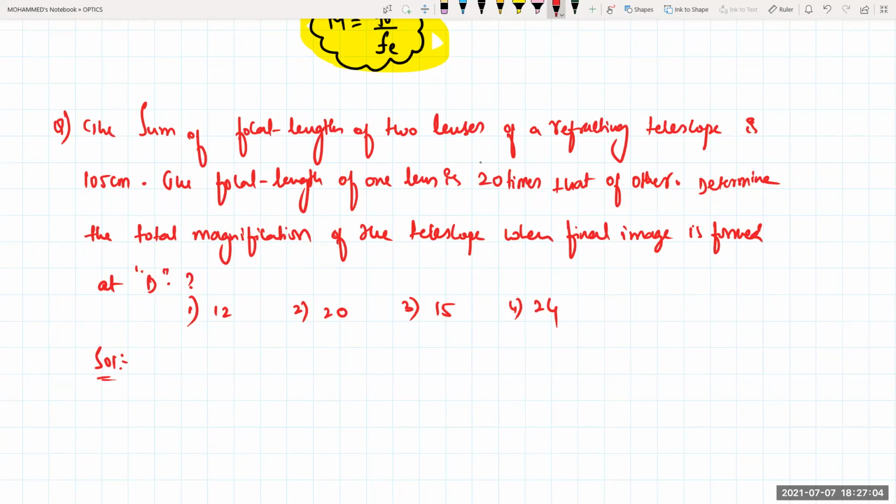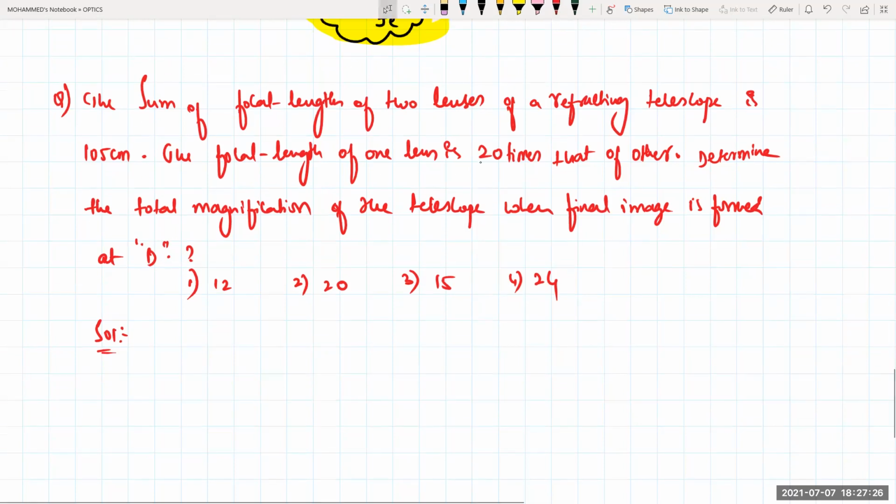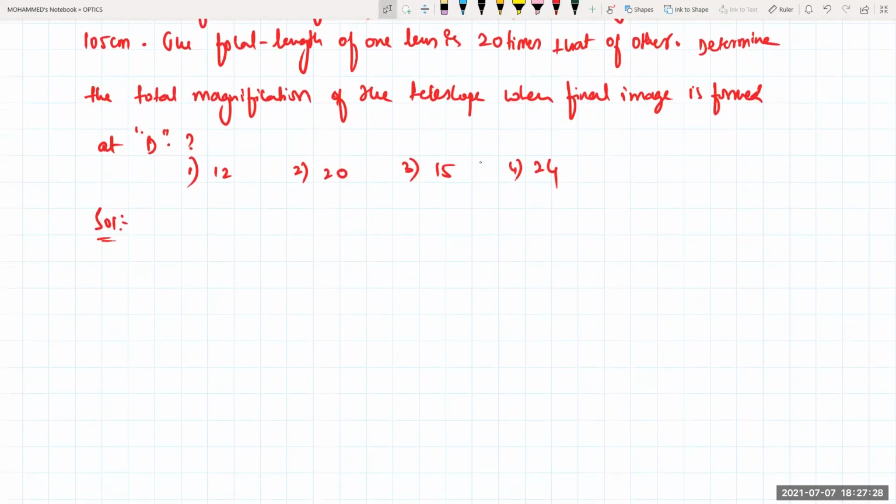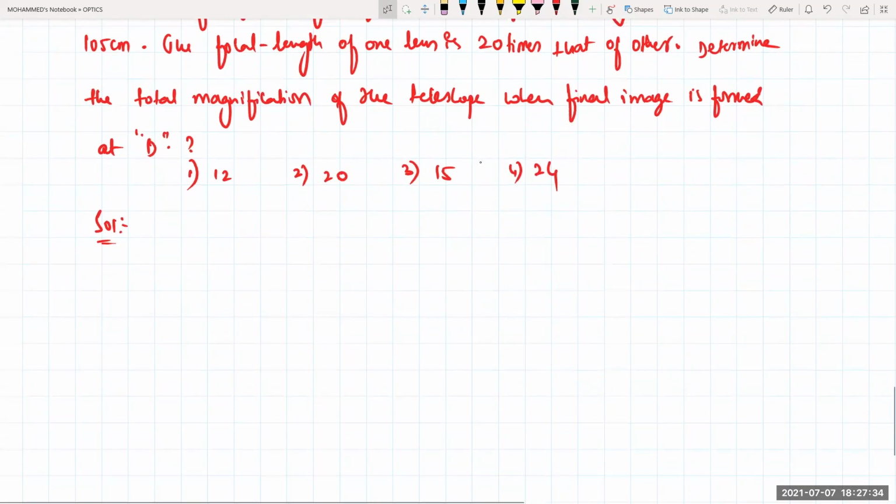And the focal length of one lens is 20 times the other. The bigger one will be the focal length of the objective. So focal length of the objective we can consider as 20 FE. So 20 FE plus FE is equal to 105. From that we'll get the FE value.